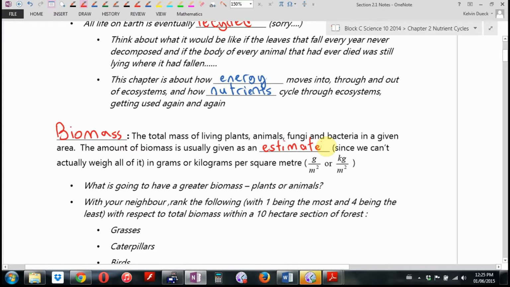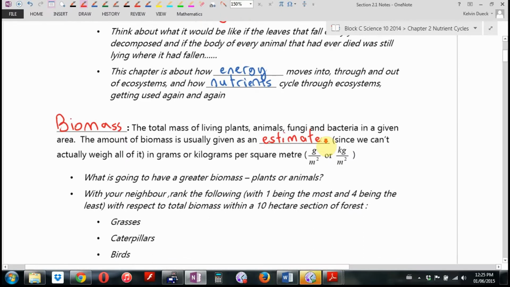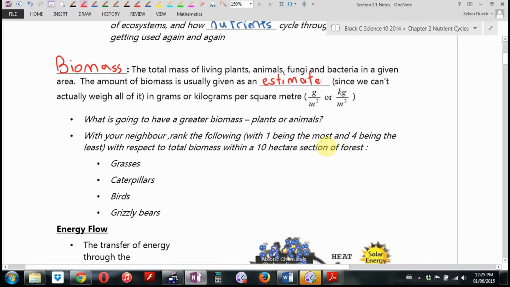And it's usually given in grams per square meter or kilograms per square meter. If you have more biomass per square meter, what you're saying is that area is richer in a diversity of life than an area that has a lower biomass per square meter.